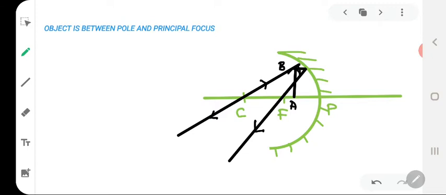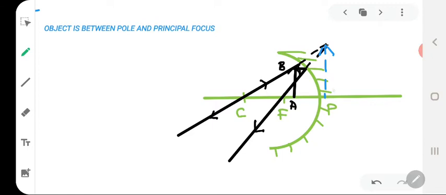So how we are going to do that? We will produce these two rays in the backward direction, somewhat like this, and find the point at which there is an apparent intersection. So we see that this is the position at which there is an apparent intersection. So at this point the virtual image will get formed. So we can draw the virtual image of the object like this, which is formed behind the mirror.